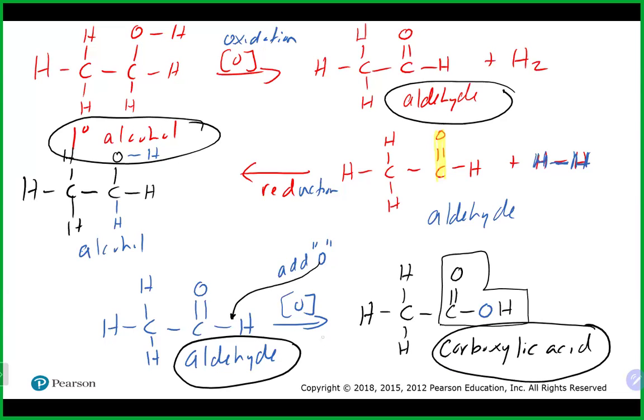And by the way, if you go backwards, that would be the reduction, which would take you back to the aldehyde and then back, obviously, all the way to the alcohol. So in the reaction of a primary alcohol, it actually can go a couple of steps to the end. One oxidation gets you the aldehyde, the second one gets you to the carboxylic acid, which is another functional group here in organic chemistry.